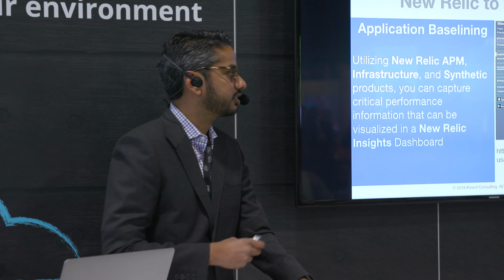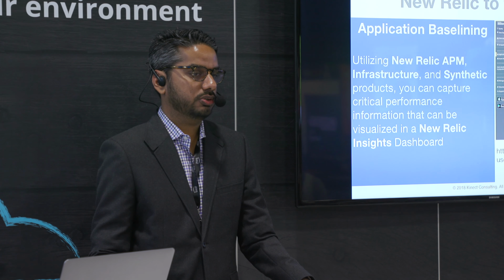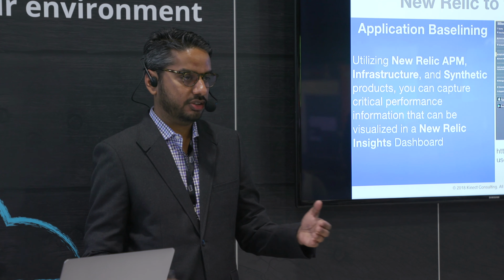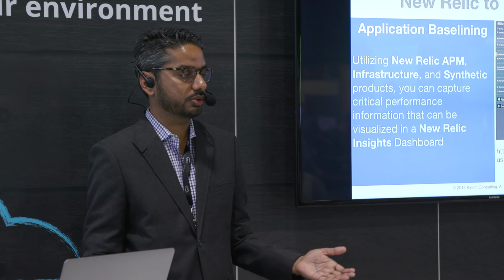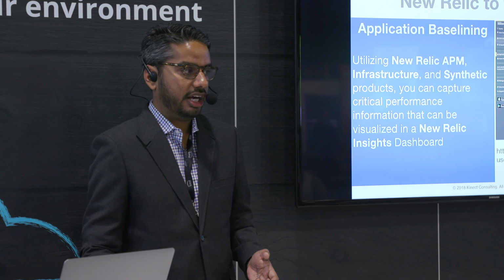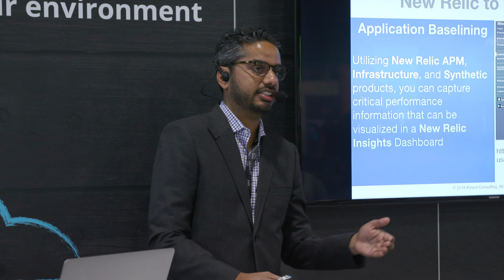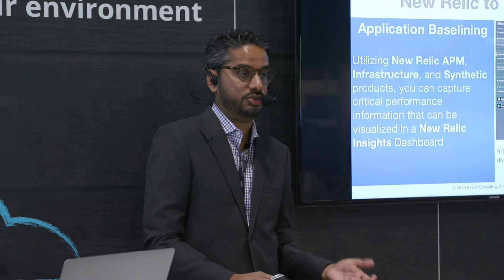And Synthetics is one of the most underrated New Relic products, I think. With Synthetics, I can create a script that runs against my application as a customer would run. So I could see what that customer performance is. I might have sub 10 millisecond response times when it comes to executing transactions.